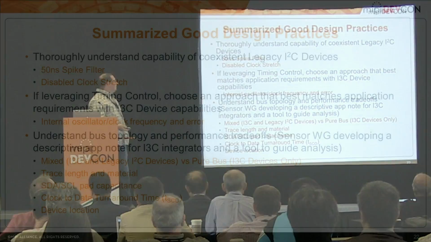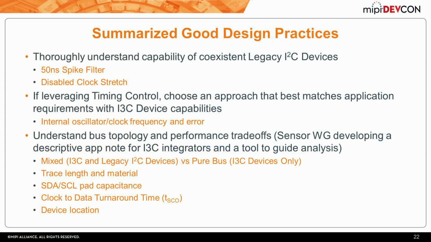So in summary, thoroughly understand the capability of your legacy I2C devices that you plan to have coexist with I3C. Special focus on their spike filter and clock stretching. If leveraging timing control, choose an appropriate device mode that matches the requirements for your application with device capabilities.